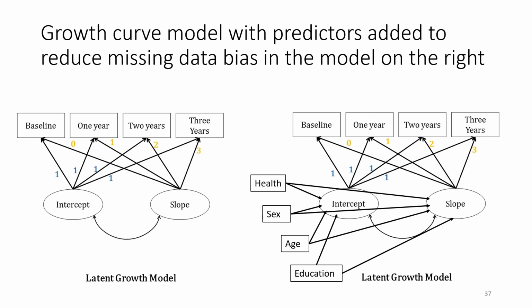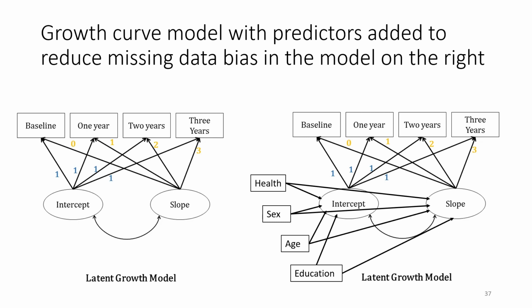In the model on the right-hand side, you'll note that additional variables have been added to predict the intercept and slope, and these include health, sex, age, and education. These variables would improve the estimation, assuming that they are predictive of missing values in the 1 year, 2 year, and 3 year data.